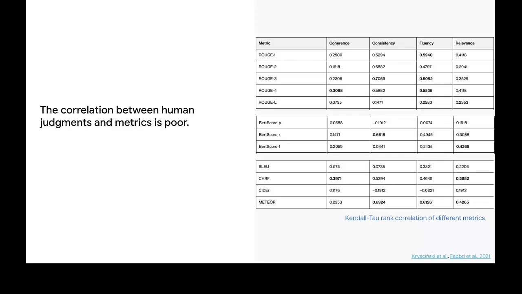And then computed the automatic metric and looked at the correlation of rankings of different systems that they would receive. And you can see here that the rankings are incredibly low correlated with the human judgments across coherence, consistency, fluency, and relevance of a summary.